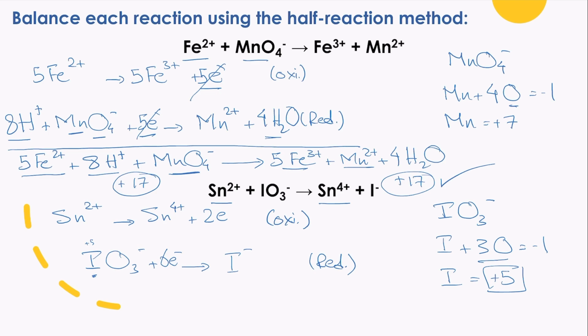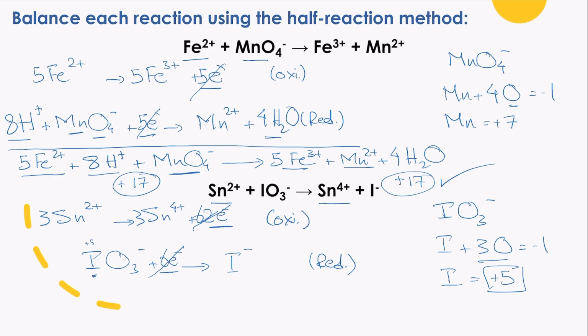Okay, so we need to check the electrons. We have here 2 electrons produced from the oxidation, and we need 6 electrons in the reduction. So we can easily multiply the first equation by 3. This will become 6 electrons. So now the electrons will be cancelled out.